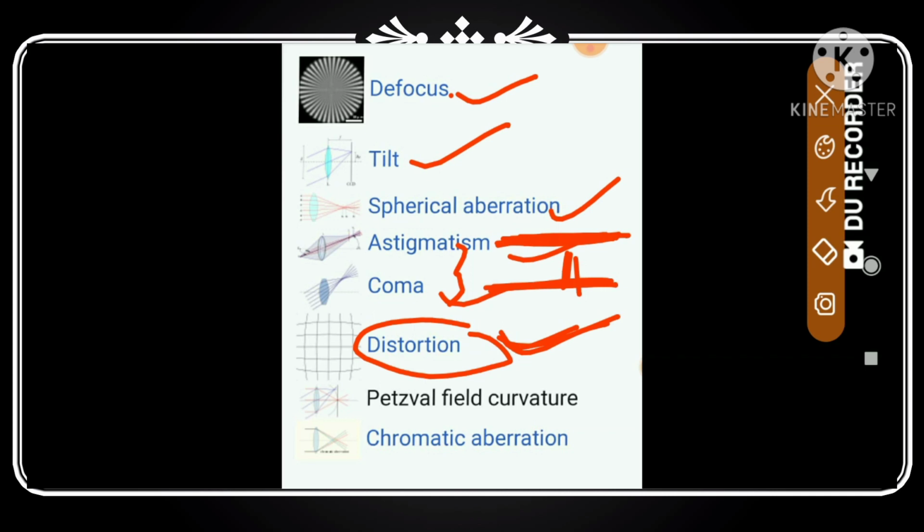The variation of magnification produced by a lens for different axial distances results in the aberration of distortion. This is distortion. And what about the field curvature?